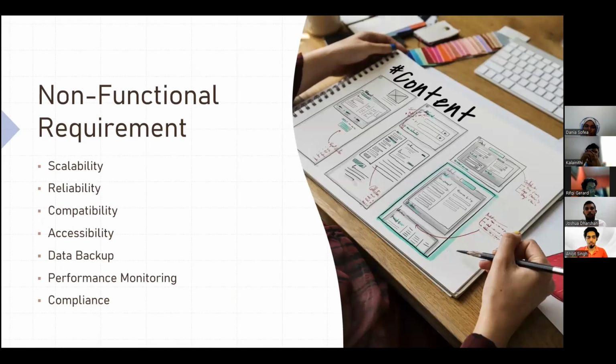And then for non-functional requirements, it has scalability, reliability, compatibility, and all the things that you can see here, related to the system's process of storing and giving out data and all the information needed for the system.